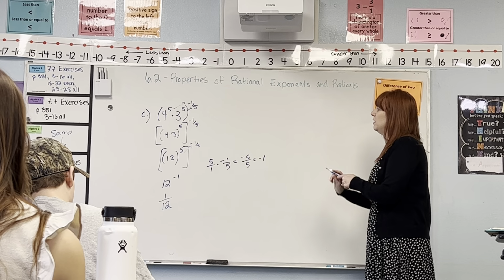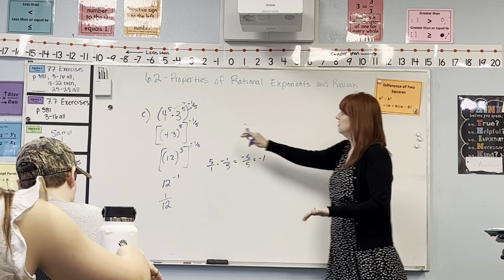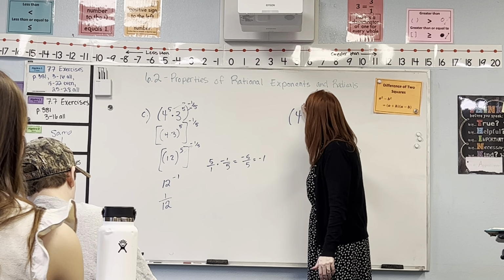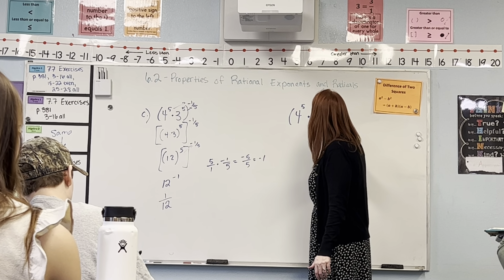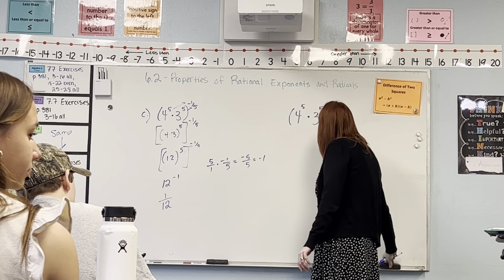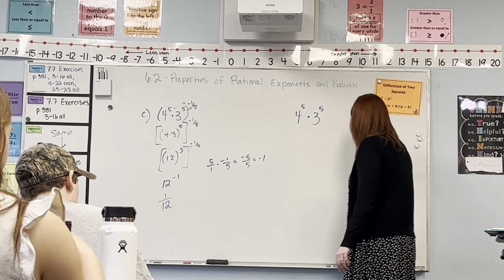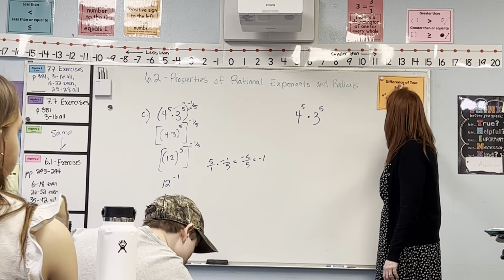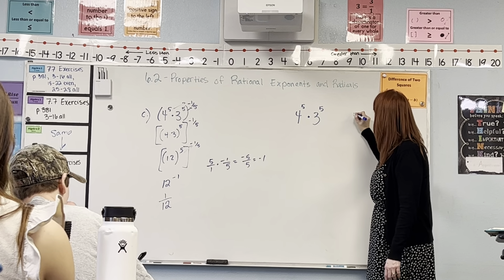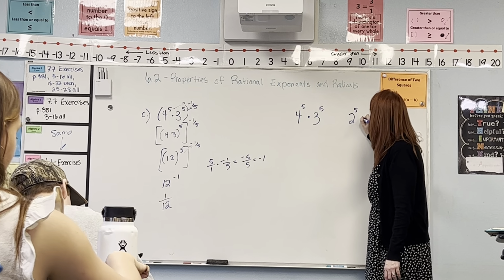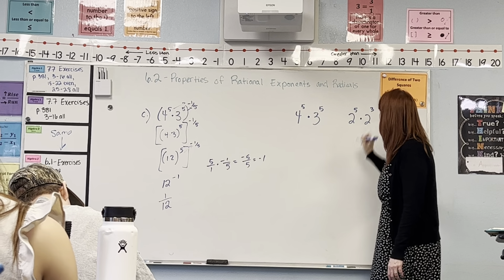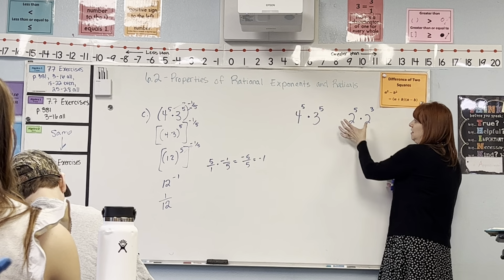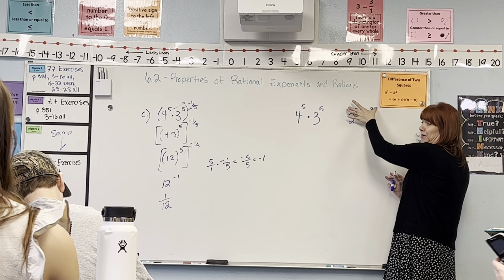So let me real quick show you the difference, okay? So Bellamy was like, I thought you can't combine them. So this right here, actually let me not put that in parentheses. Okay, different bases, same exponent, right? As opposed to, let's say, 2 to the 5th times 2 to the 3rd. Same base, different exponent.